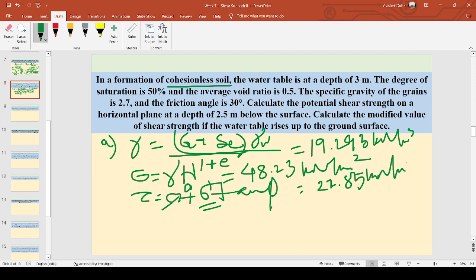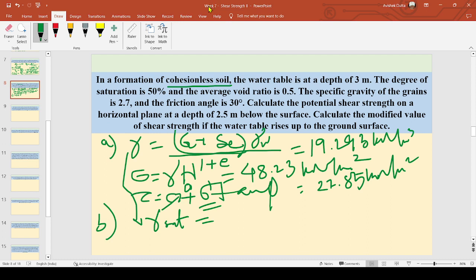kilonewton per meter square. Now in part B, in the same thing, however, we need to find out gamma in terms of gamma sat.